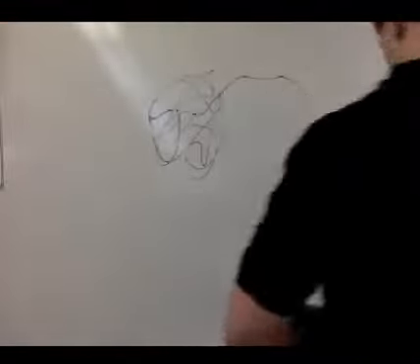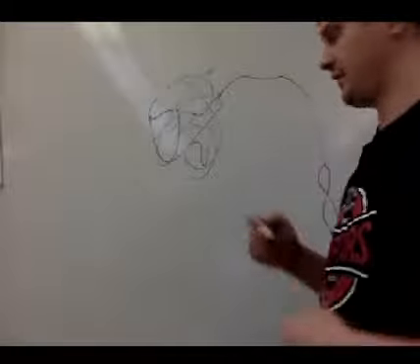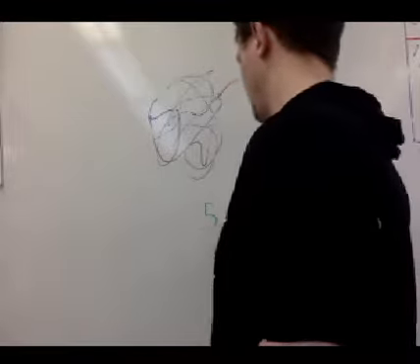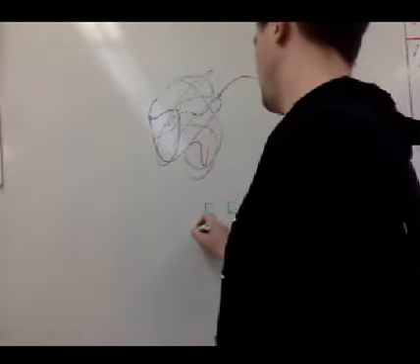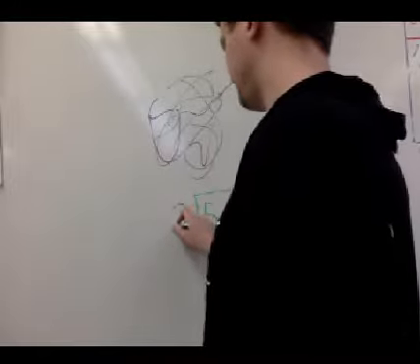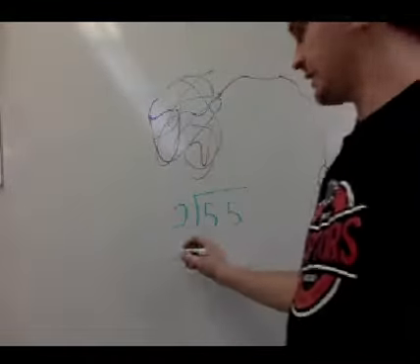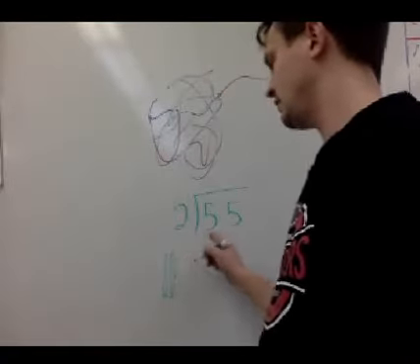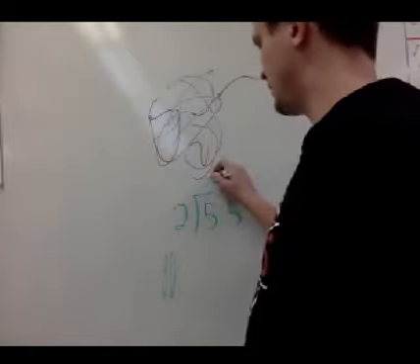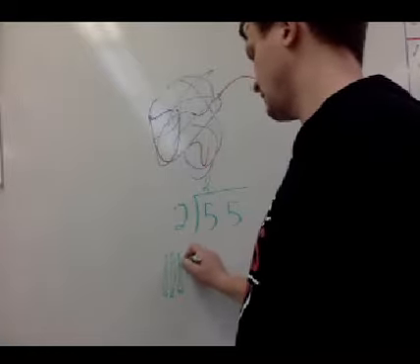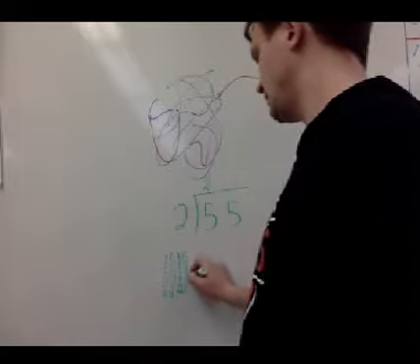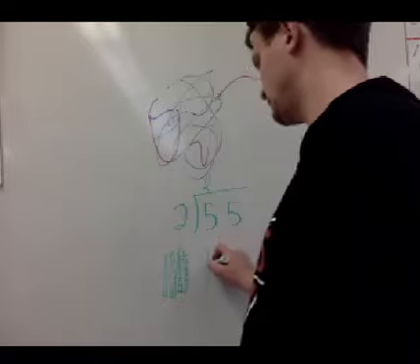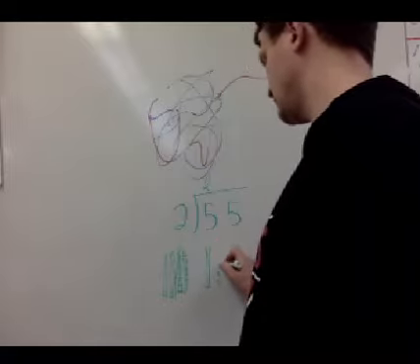Let's see if I can write this down here. So this whole idea of if we have 55 divided by 2, that if we have these 2 blocks of 10, we only have 2 groups of those that are split up, and then there's still 1 more left over with 5 singles.